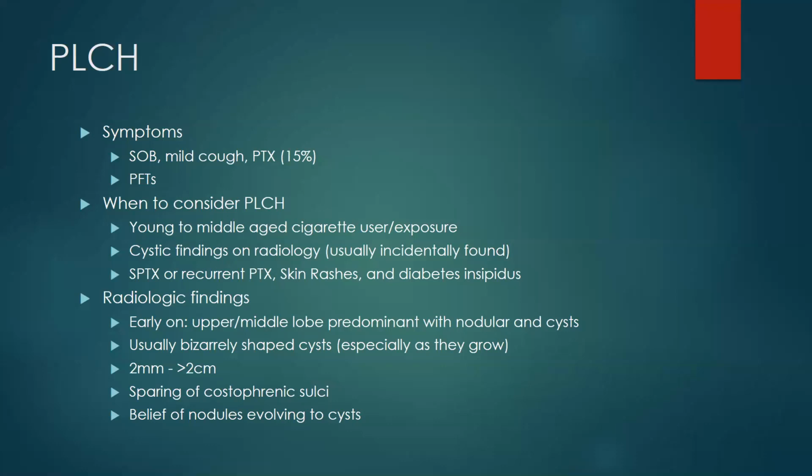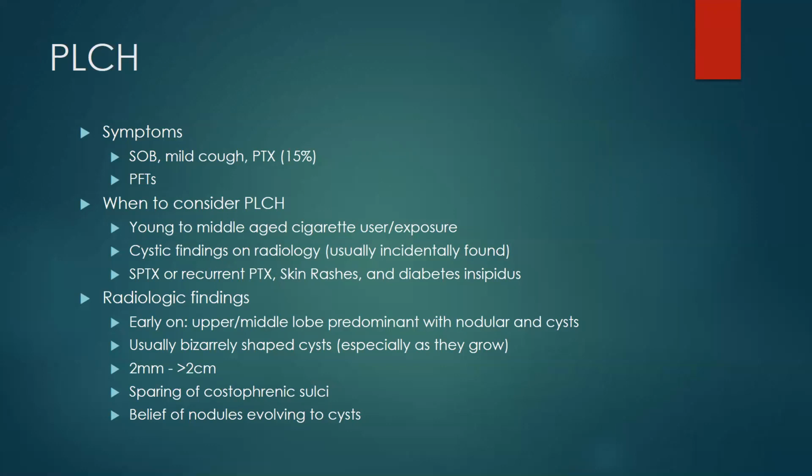In terms of when to consider it: young to middle-aged cigarette users who have exposure, who don't really fit that emphysema-like picture yet, as well as cystic findings on radiology, usually found incidentally, as well as those who have spontaneous or recurrent pneumothoraces, skin findings, which I'll go into in a second, as well as those with diabetes insipidus, which is very common in these patients.